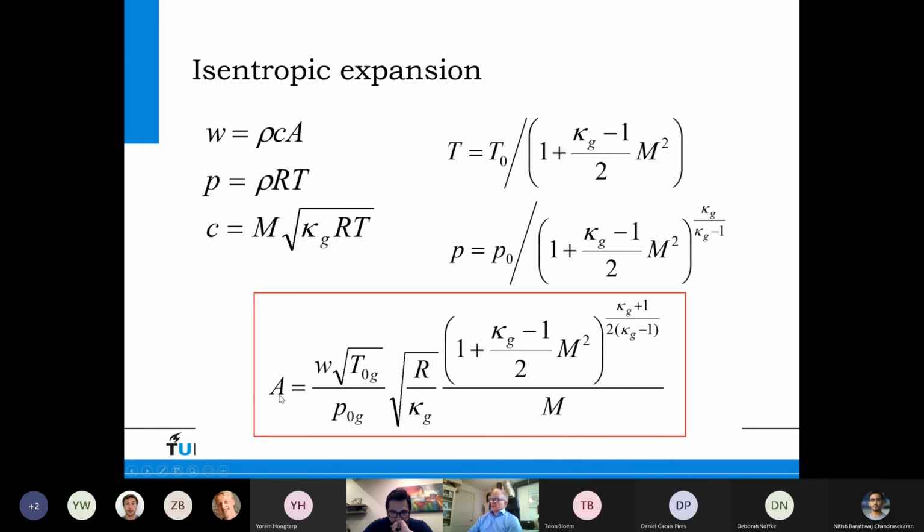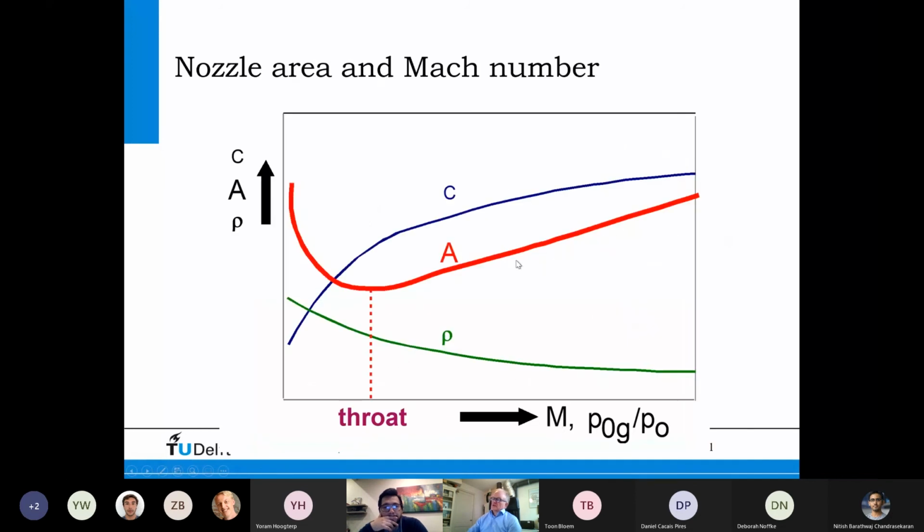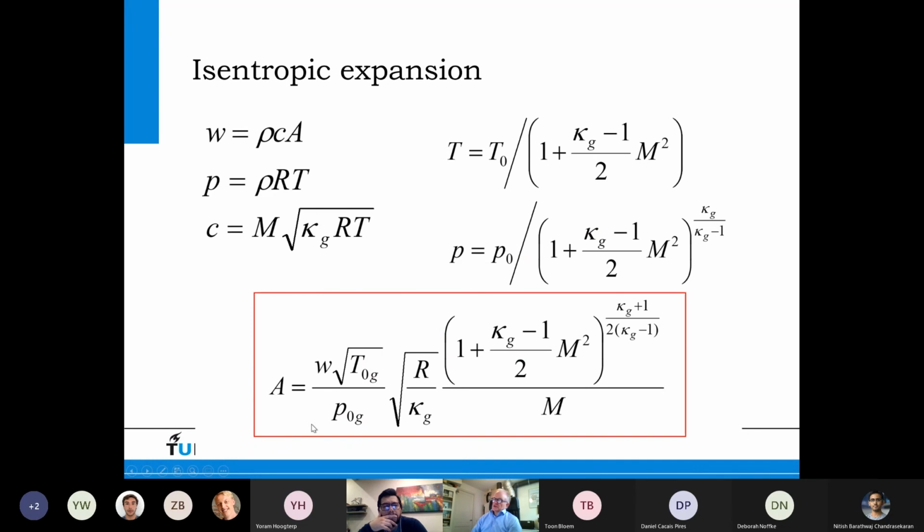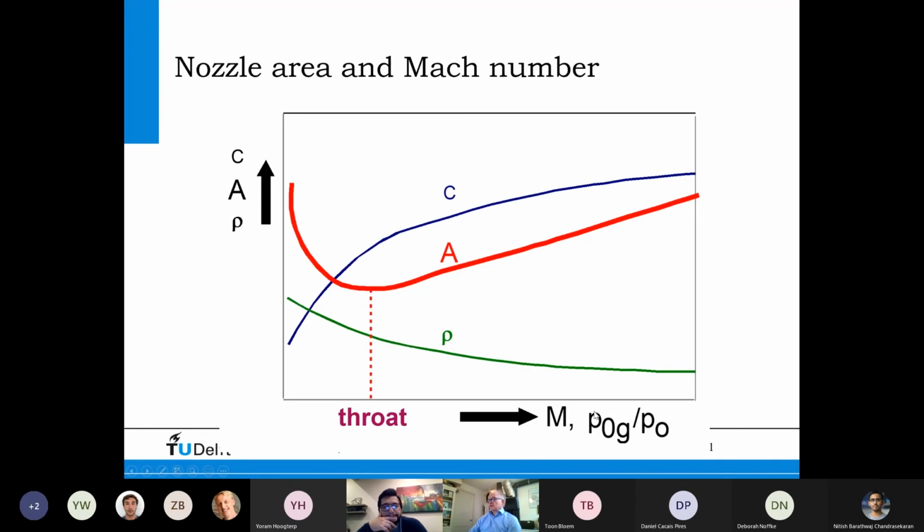And then eventually you can calculate the area that you would need to expand a mass flow W for a Mach number M. And then you get this relationship. So if you invert this relationship and increase the Mach number through that duct, then you get this chart, and you can see that if this is the throat, this is actually the nozzle shape.